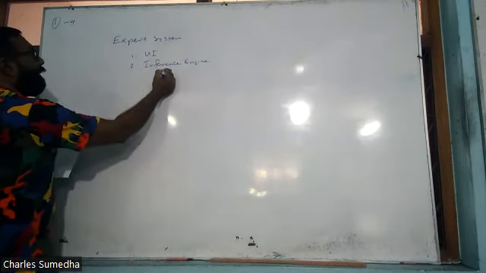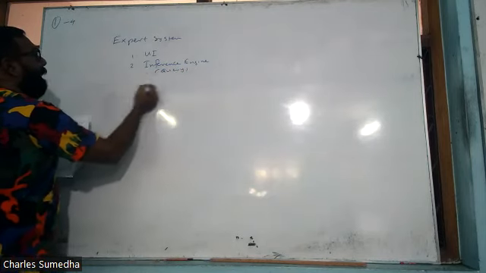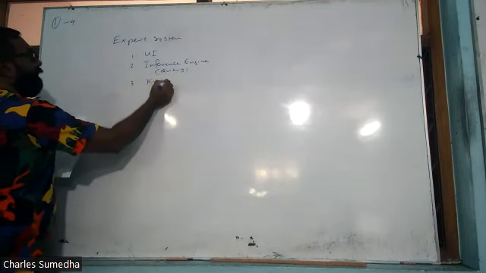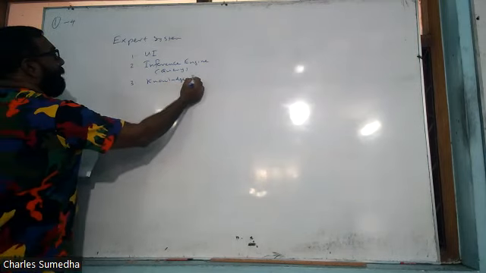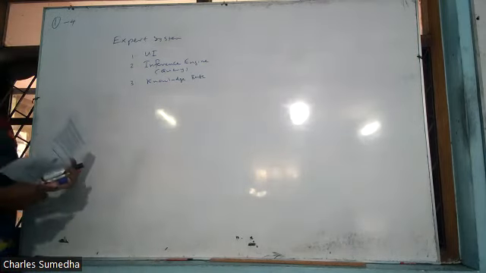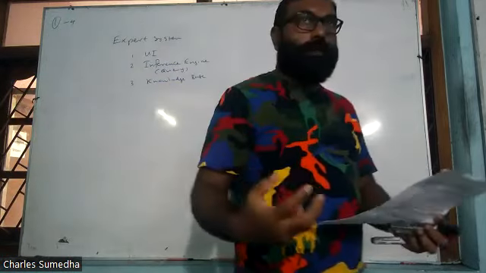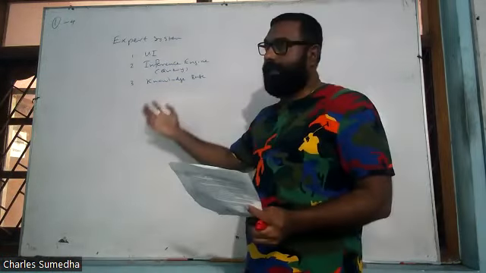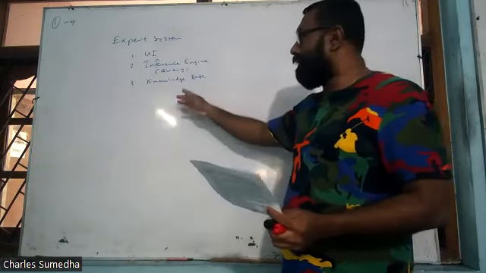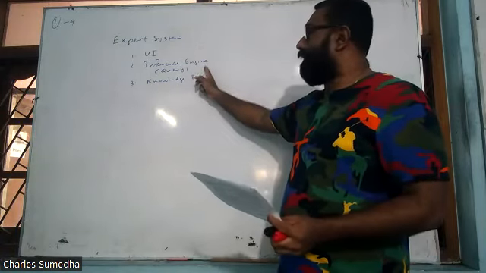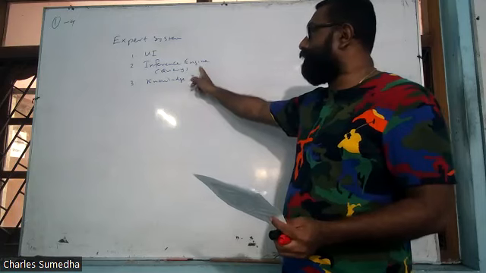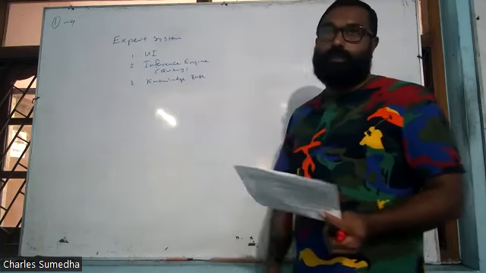So the queries are going through this, and you have the knowledge base. So when you consider the expert system, mainly you have the user interface and the inference engine. That means the queries go through that. The necessary criteria are processed by this, and the knowledge base will be there.